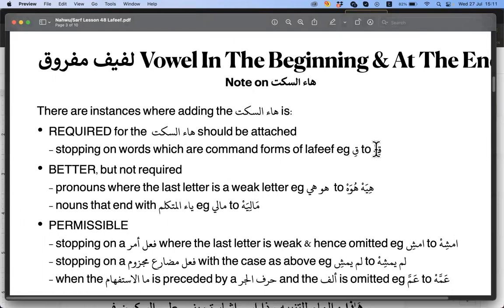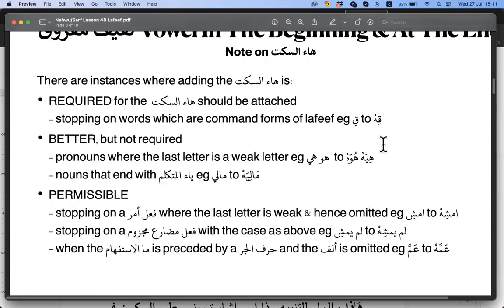This one you can try to remember whenever you see a ha sukun that you don't understand why is there a ha sukun, then you have to go back to these notes, inshallah. Second one is better, but not required. This is when the pronouns, for the pronouns where the last letter is a weak letter, meaning waw or ya.